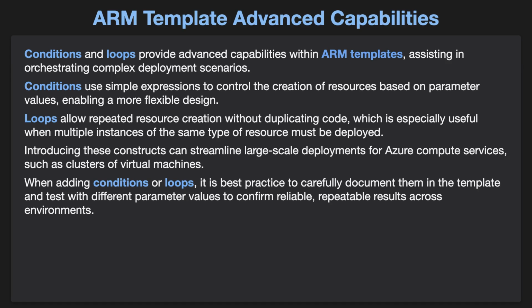Introducing these constructs can streamline large-scale deployments for Azure Compute services like clusters of virtual machines. When adding conditions or loops, it is best practice to carefully document them in the template and test with different parameter values to confirm reliable, repeatable results across environments.